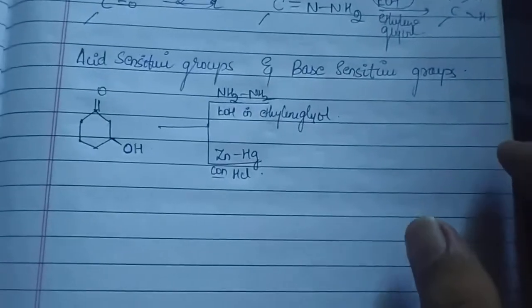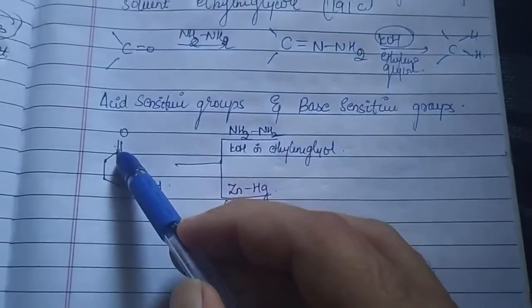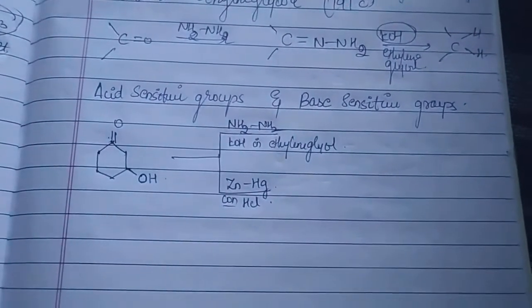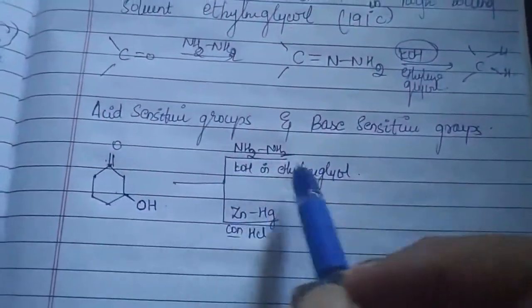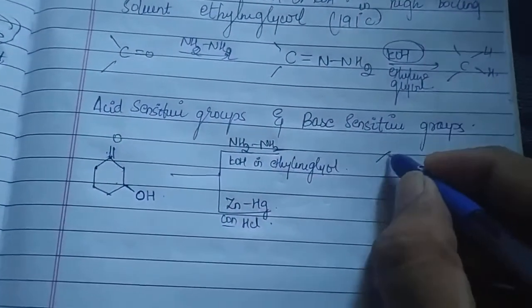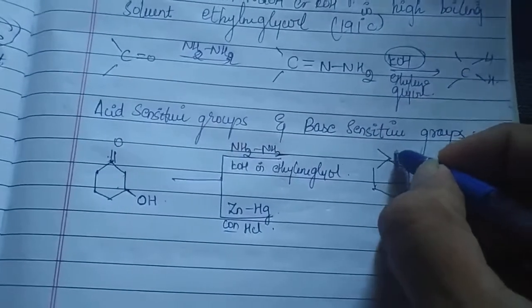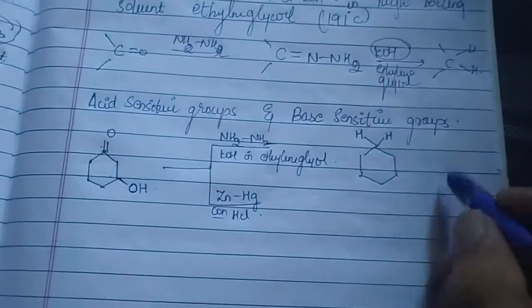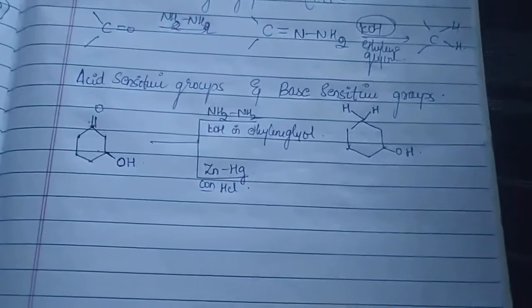We know the carbonyl compounds get reduced to hydrocarbons in both cases. But in the first case, the double bond will be reduced, and here I am going to get 2 hydrogens, and the OH will be as such.